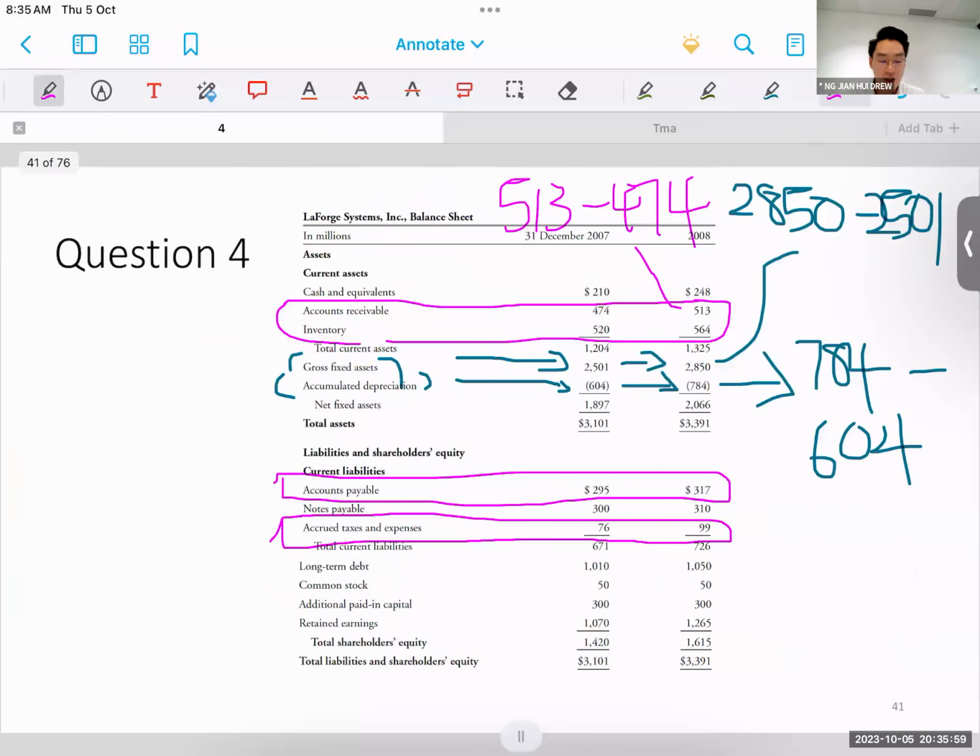However, I can use my balance sheet as well. I saw that my note payable increased by 10. So it's 10. What else? My long-term debt here increased by 40.